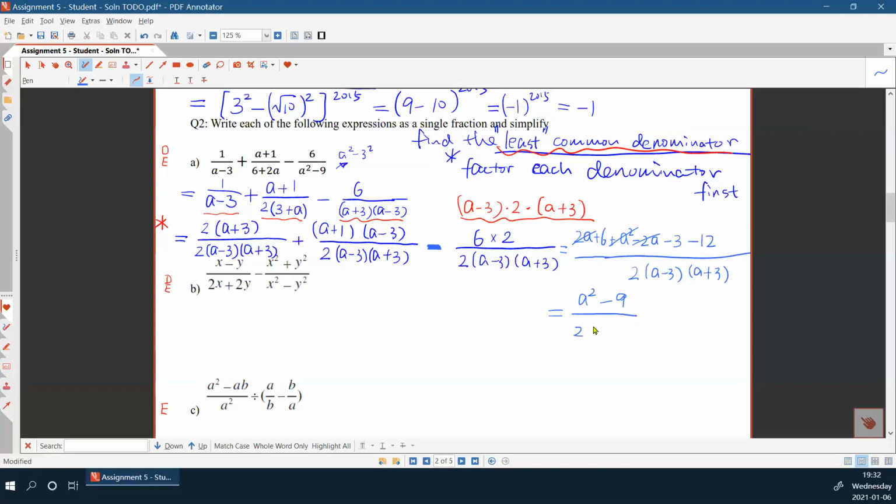Okay, a squared minus 9 is a plus 3 times a minus 3, and it can be cancelled with the one in the denominator. So the final result is 1 over 2.